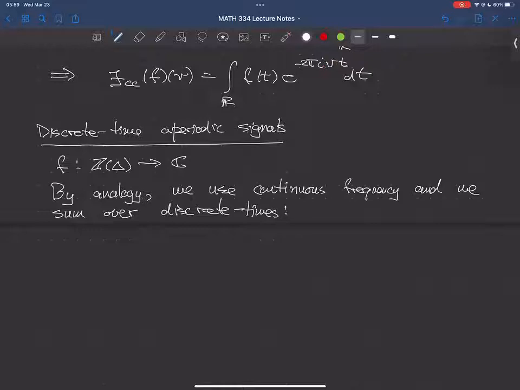At a frequency nu, we're going to sum over k in the integers of f of t, but t is going to be integer multiples of delta, times e to the minus 2 pi i nu, where t now is k delta. And so I get a formula like that.